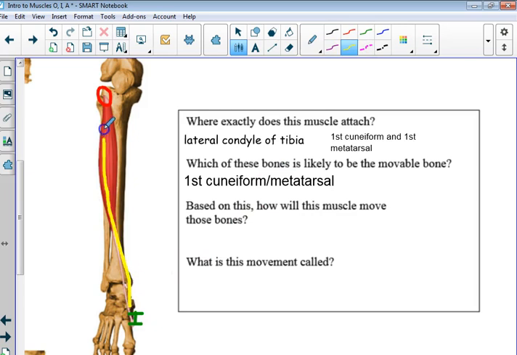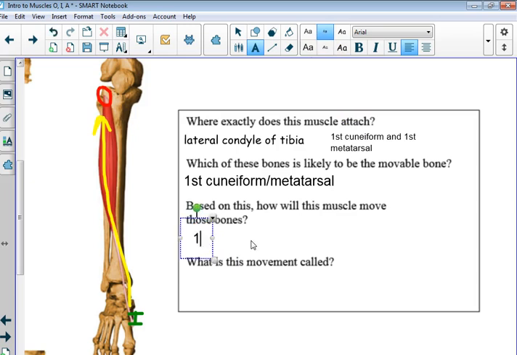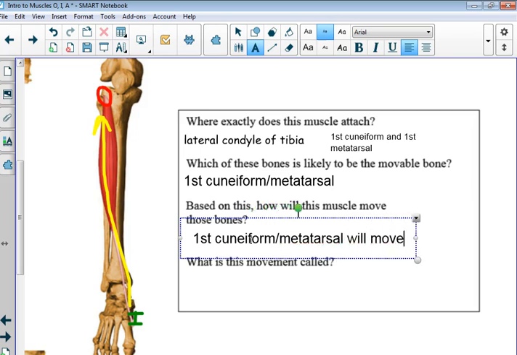I will move closer to O. And that action will pull the foot end up towards the knee. I'm just going to put knee because it's easier.